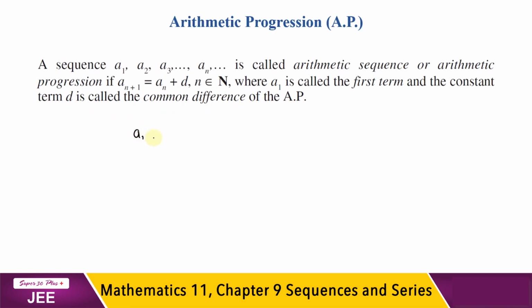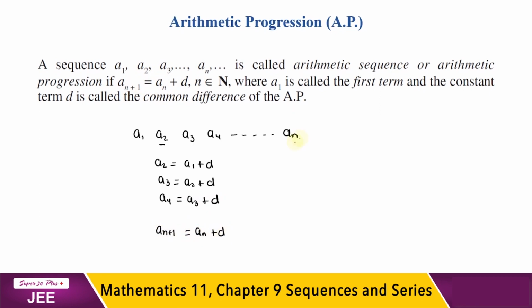If I write down the terms as a1, a2, a3, a4 and so on, and let us say this is the nth term of the sequence, then this sequence is going to be an AP if and only if a2 is equal to a1 plus d, a3 is equal to a2 plus d, a4 is equal to a3 plus d, which satisfies the relation a(n+1) is equal to a(n) plus d, if there is a term called a(n+1) in this sequence.